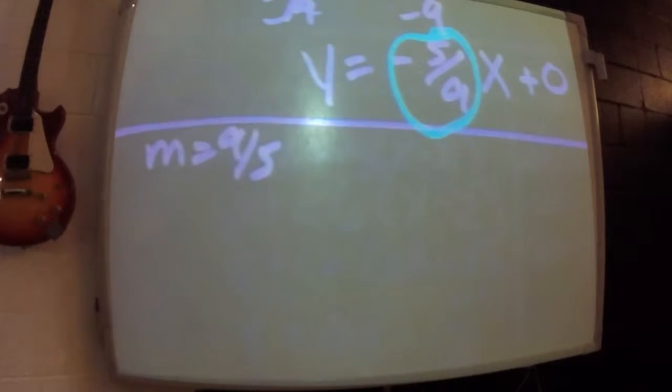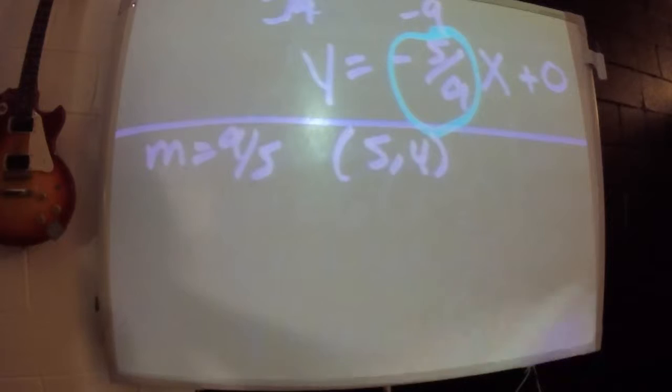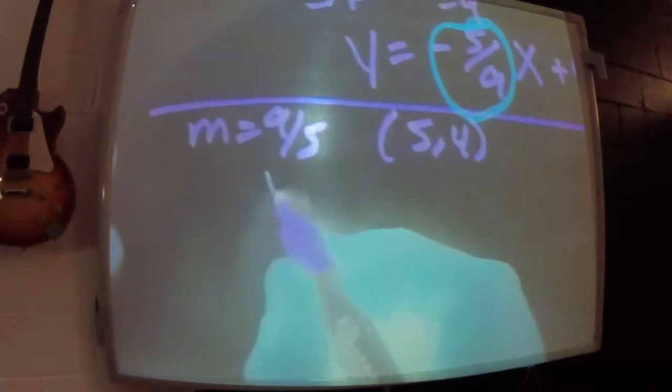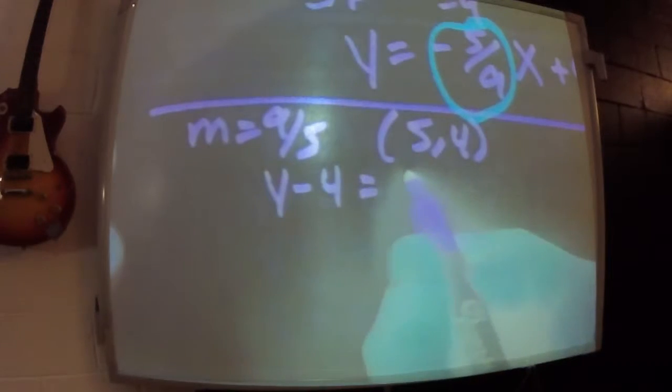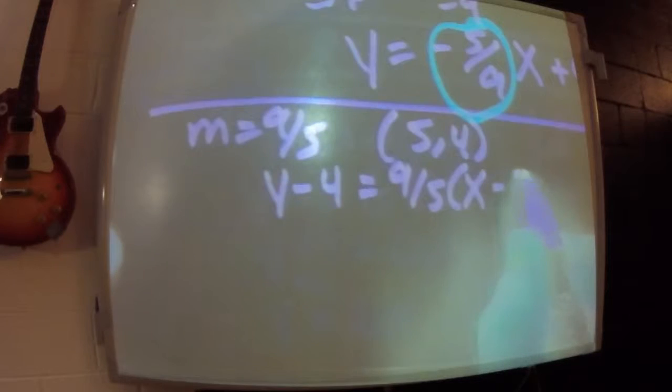All right, and remember, your whole x1, y1 is (5, 4). So y minus y1 will be y minus what? y minus 4 equals what? And then x minus 5.